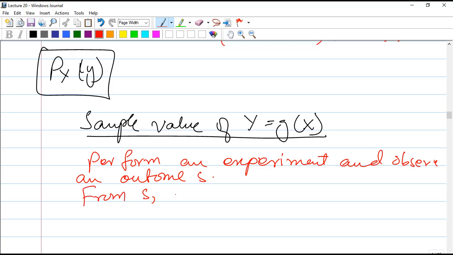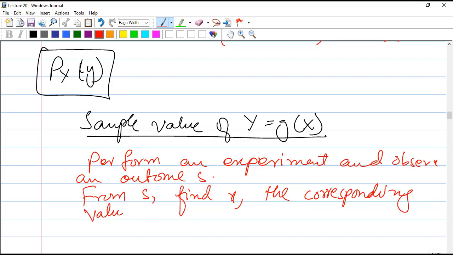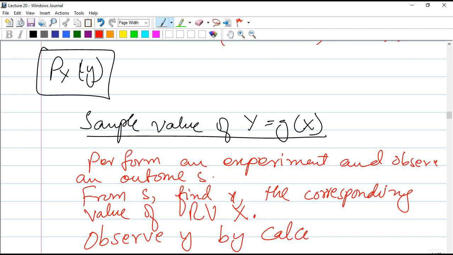From s, find x, the corresponding value of the random variable X. Then observe y by calculating y is equal to g of x.